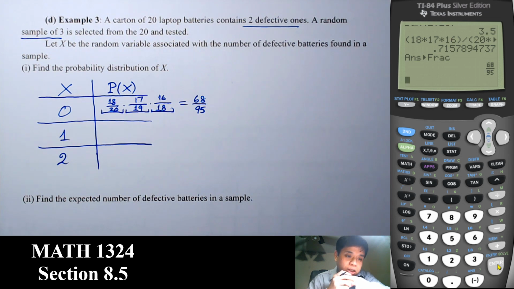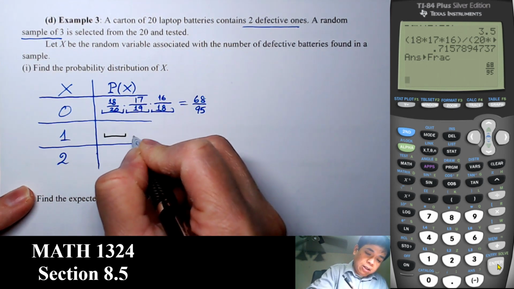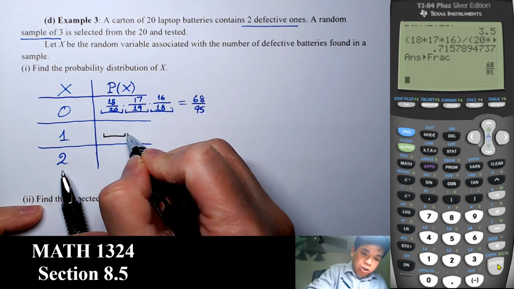Next, what is the probability of getting one that is defective? Right, now this is a little more tricky. So one that is defective, right? We could have the first one that is defective and the other two that are good.